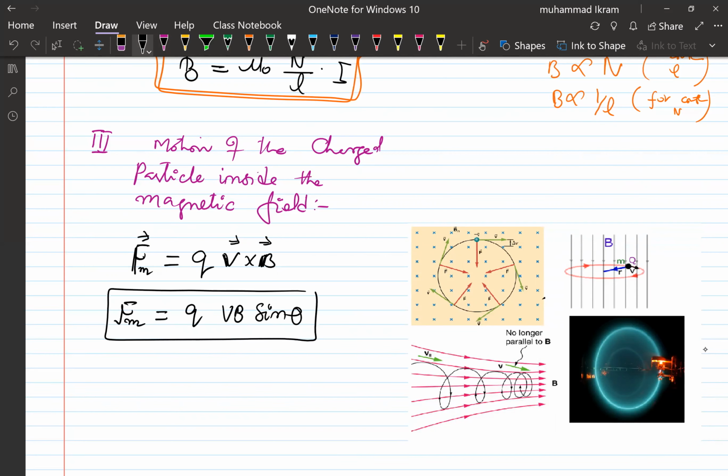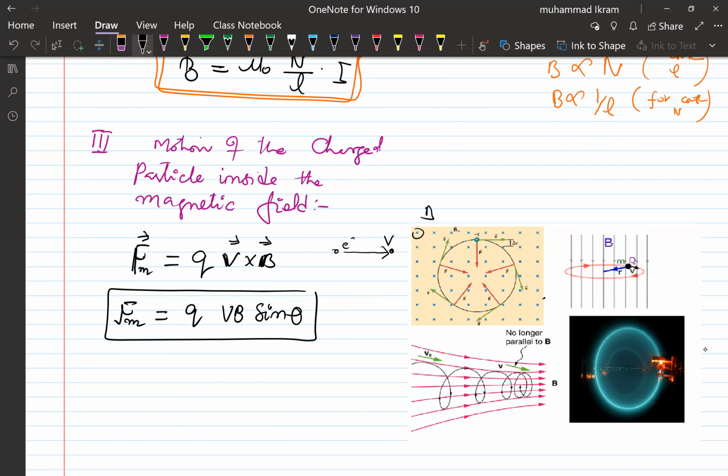You see that, for example, if you have a charged particle and it is accelerated, and when this charged particle, for example an electron, enters into the magnetic field perpendicularly, this is the magnetic field B, it is into the paper, and this is the velocity of the electron as you see.